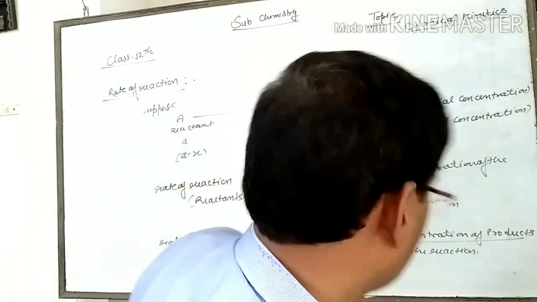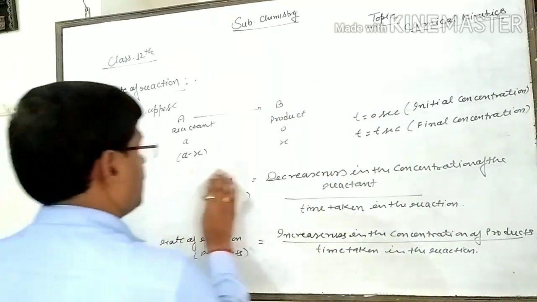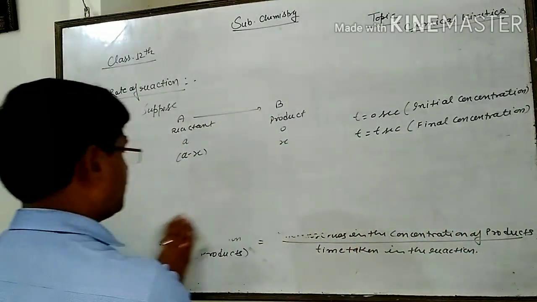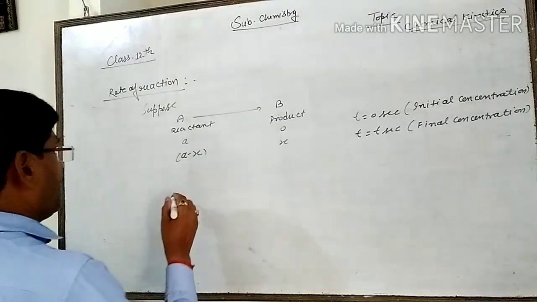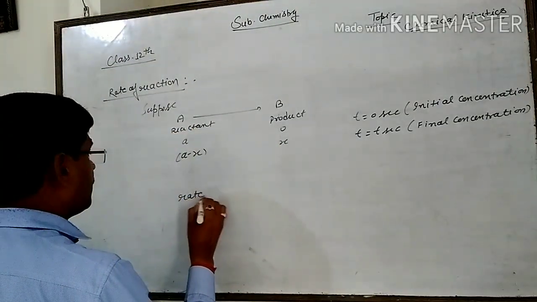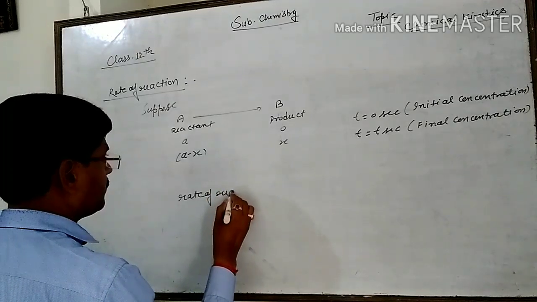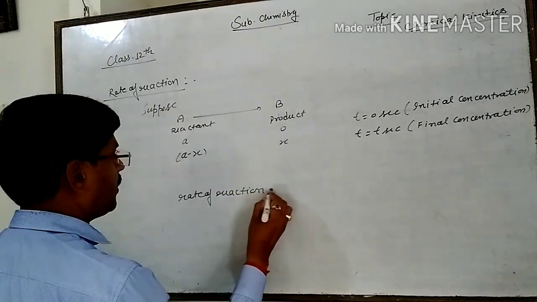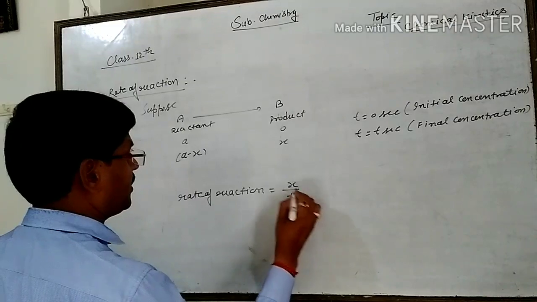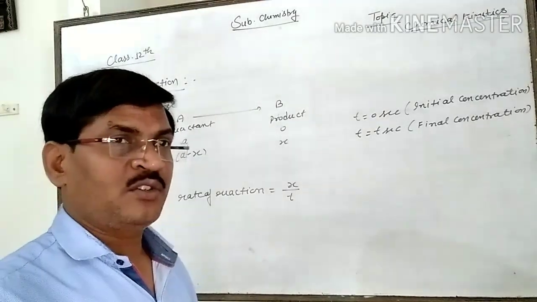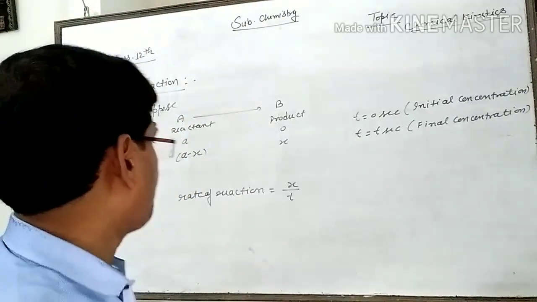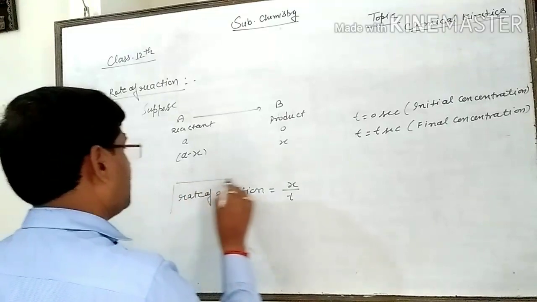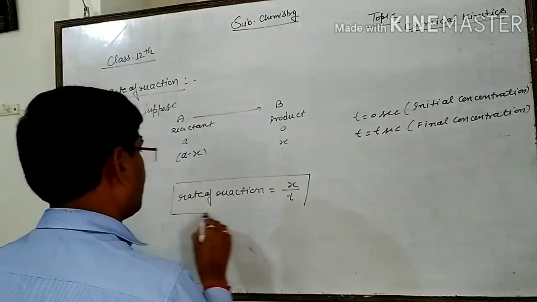In formula, how do I represent it? Rate of reaction is equal to x upon t: the amount converted from reactant to product upon the time taken during this change. So this is the formula of the rate of reaction.